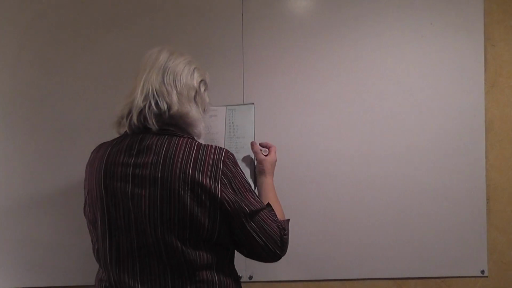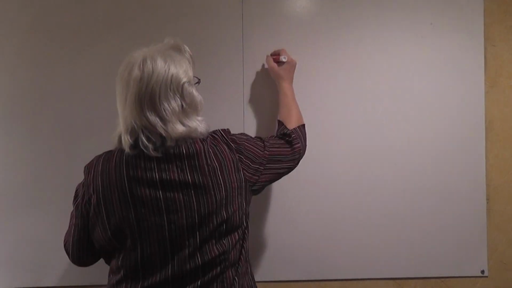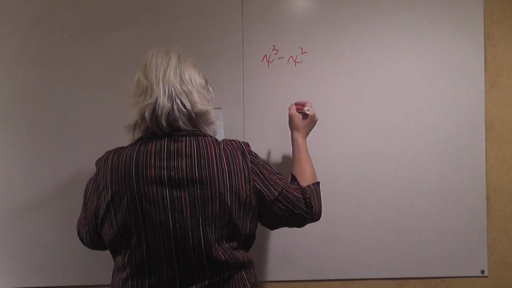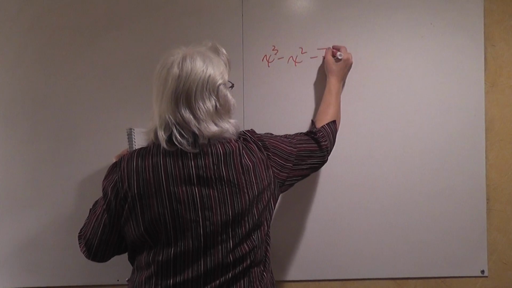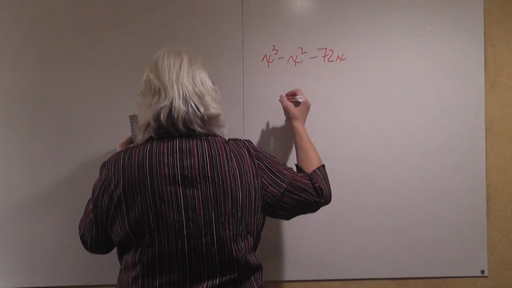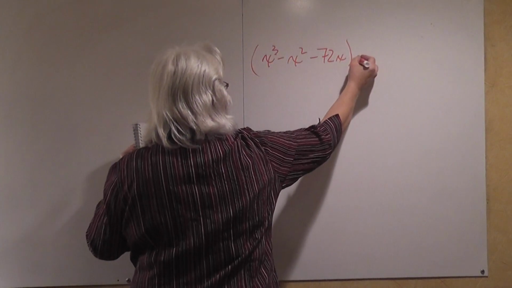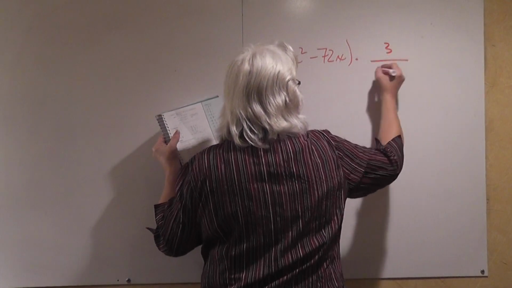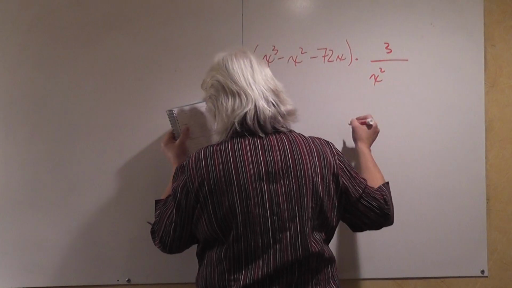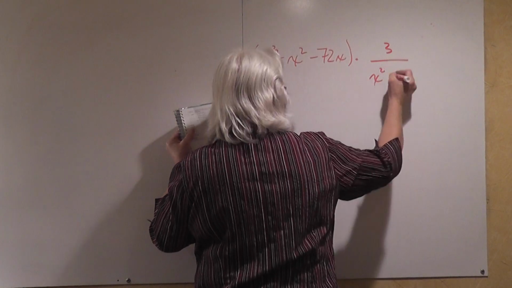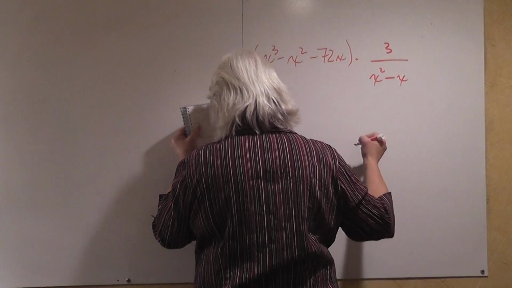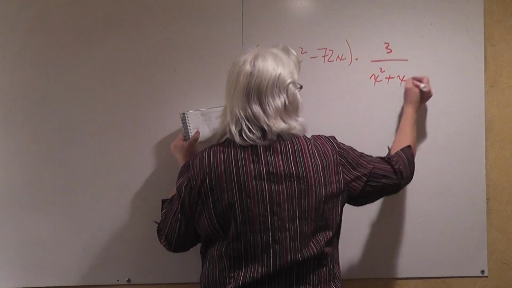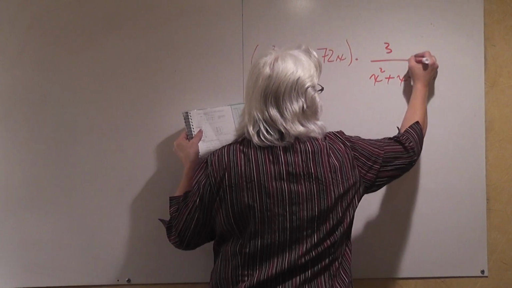And this says simplify x cubed minus x squared minus 72x times 3 over x squared minus x squared plus x minus 56.